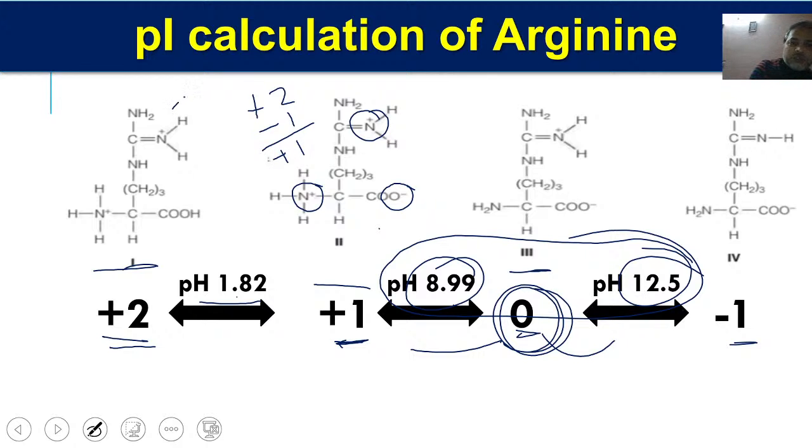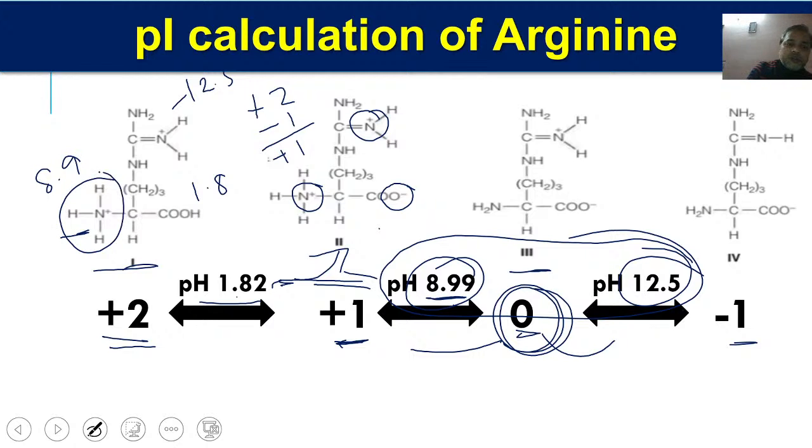Because this group is going to dissociate at 12.5, this group will dissociate at 8.9, this group will dissociate at 1.8. So at 1.82 it exists in this structure. If you increase the pH from 1.82 to 8.99, this group is going to dissociate.